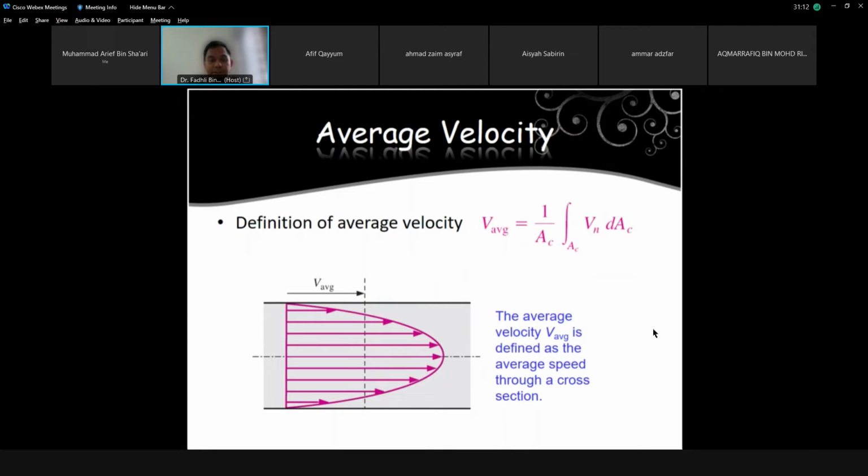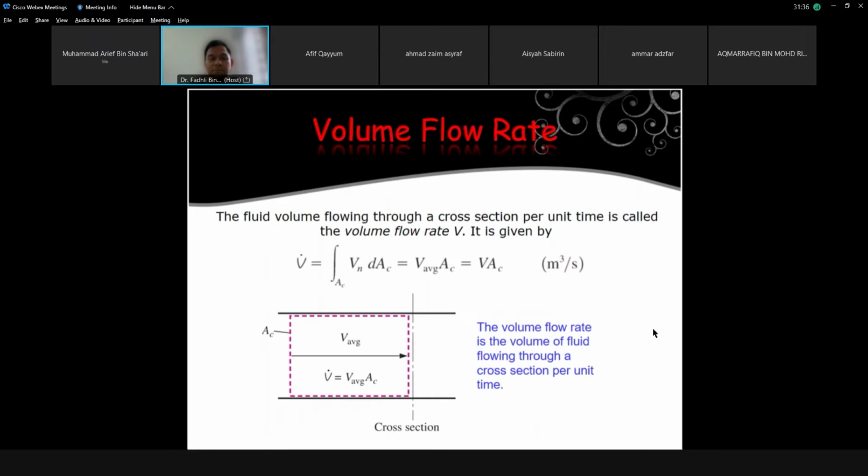And then they have another equation which is average velocity. Of course, this is related with the conservation of mass principle. We have to know the average velocity. The equation is V average equal to 1 over A times the integral of V dA.